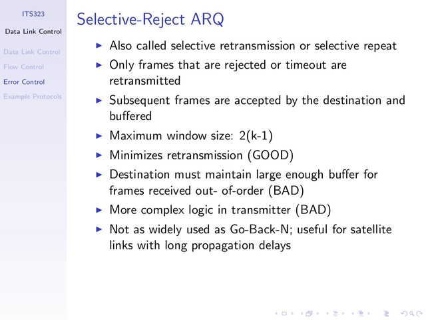And here's a mistake, it should be 2 to the power of k minus 1. Remember we spoke about in the sliding window there's a maximum window size, and the same in selective reject. So here's just a typo, 2 to the power of k minus 1.